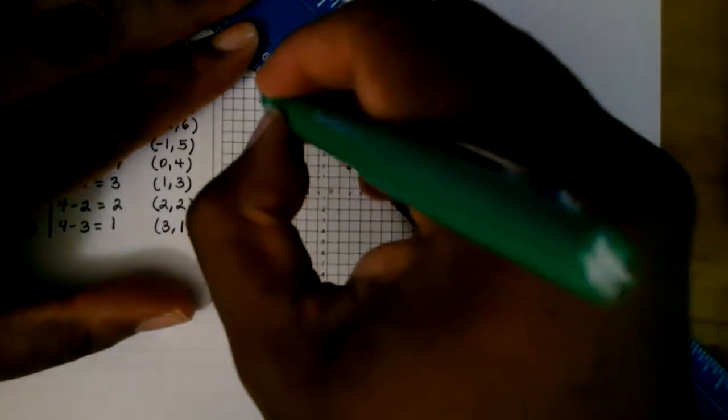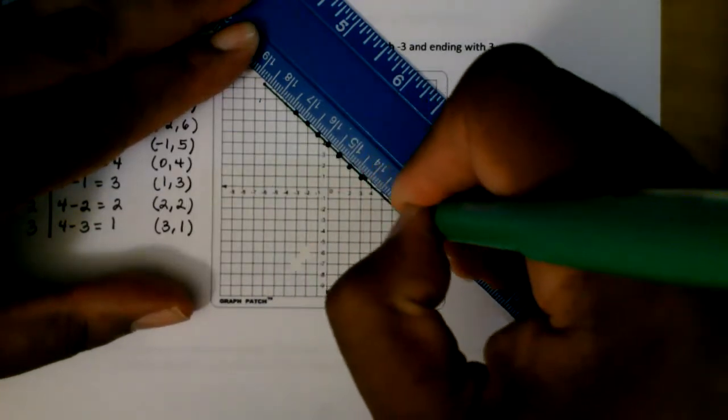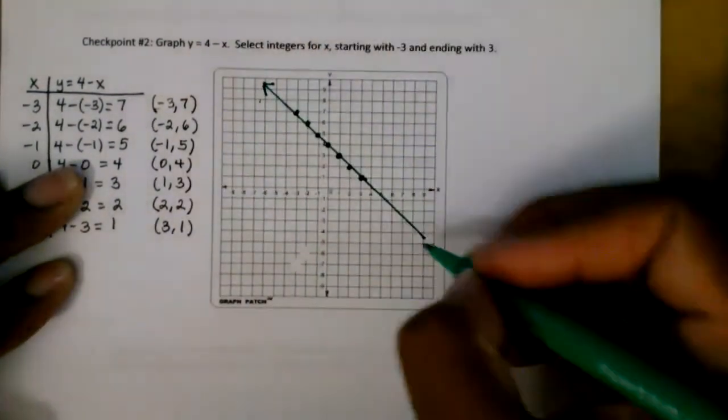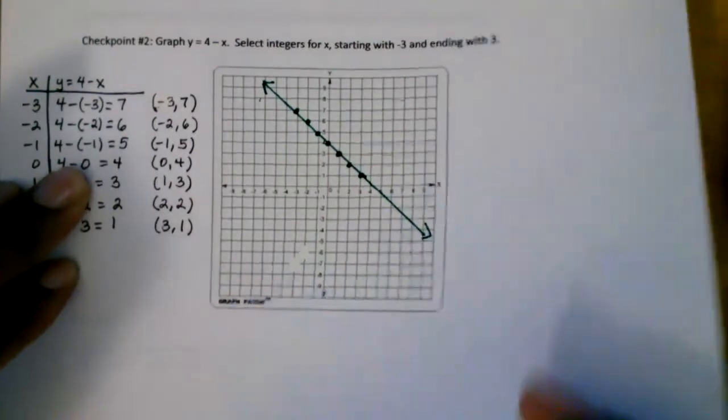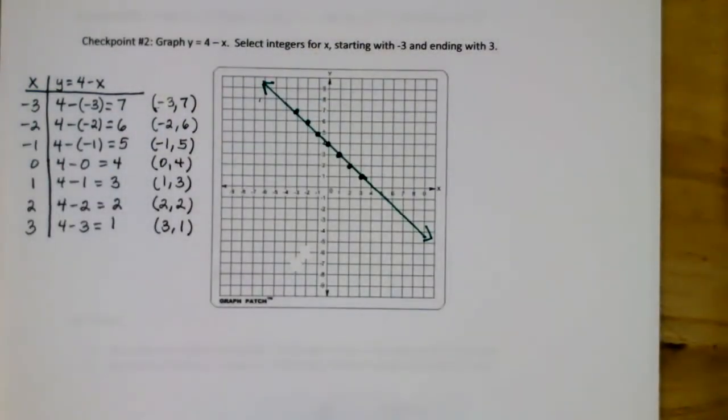And if we connect those points, you will have the graph of the line y equal 4 minus x.